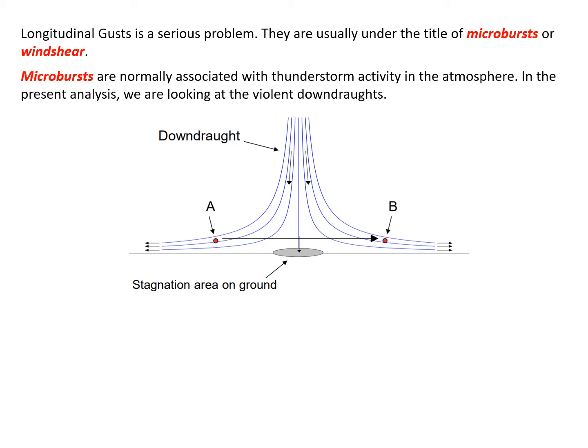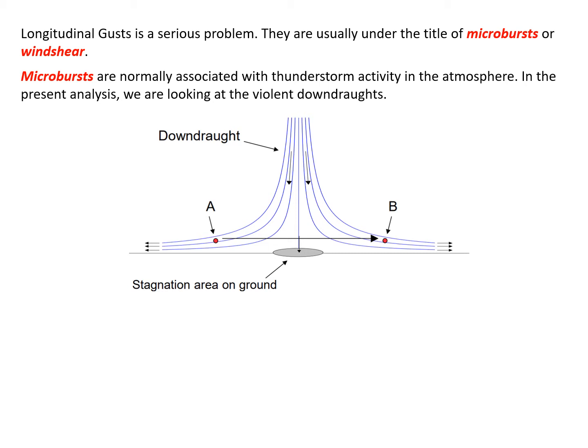There is a stagnation area on the ground because it is a head-on collision. Then the wind will be guided towards the left branch and the right branch, and the left branch is denoted by A and the right branch is denoted by B.